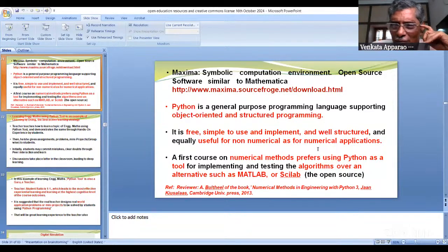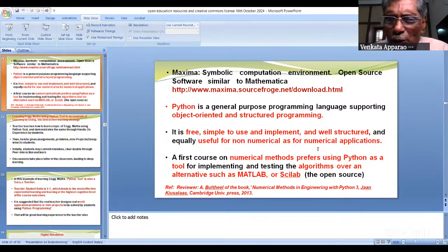Mathematica is very useful in courses related to mathematics, but it is very expensive. Many colleges in the country will not be able to purchase it. Even in NIT Warangal, maybe 20 years ago, when we purchased Mathematica, there was a lot of discussion whether we should go for it or not, though we had resources for it.